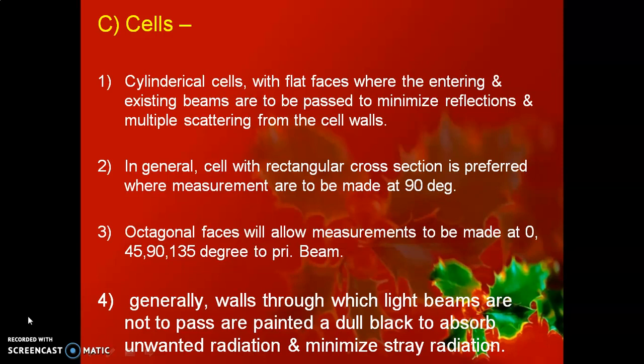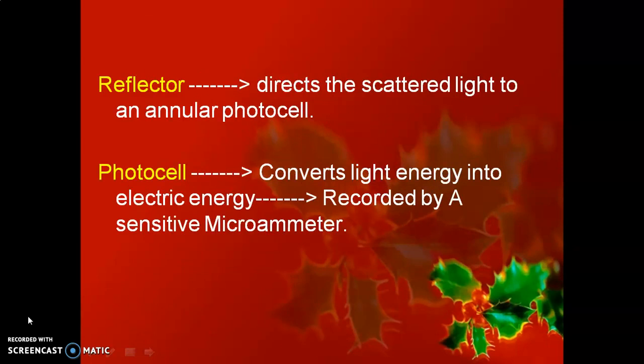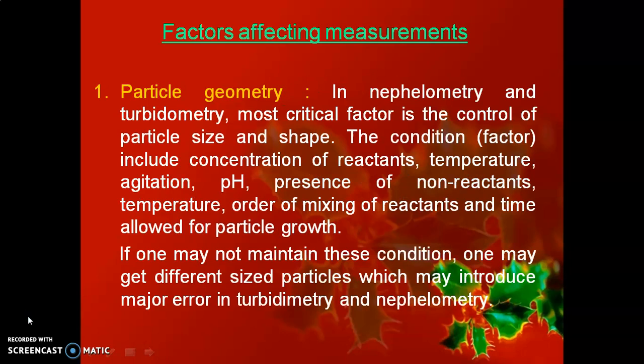Generally, walls through which light beams do not pass are painted dark black to absorb unwanted radiation and minimize stray radiation. Then a reflector is used, which directs the scattered light to the annular photocell. The photocell converts light energy into electrical energy, which is recorded by a sensitive micrometer.